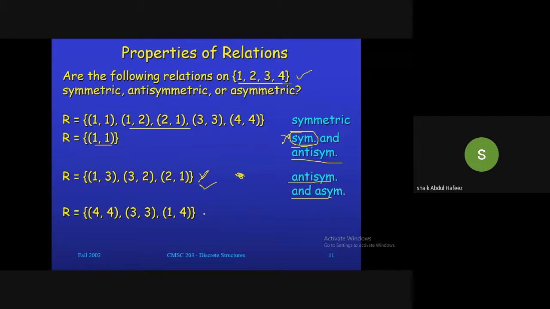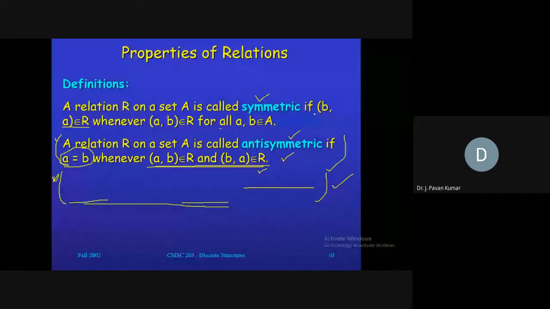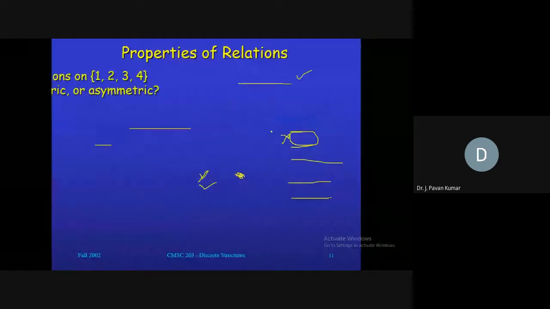Sir, can you explain why 1 comma 1 is not symmetric? According to the definition of symmetric, for all A comma B... Sorry, I mapped this to the reflexive definition. This is a symmetric relation, so it is correct.